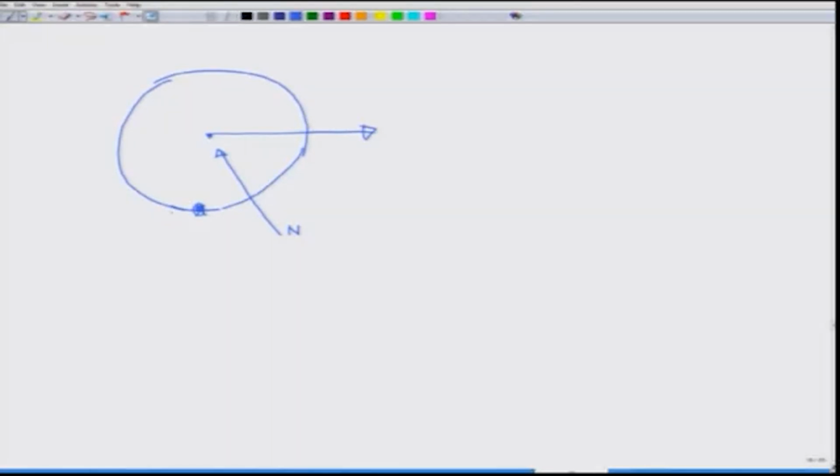This point is stationary, and there is weight W. So, let us take the torque about this stationary point O, then the torque due to F is equal to F times R, where R is the radius.